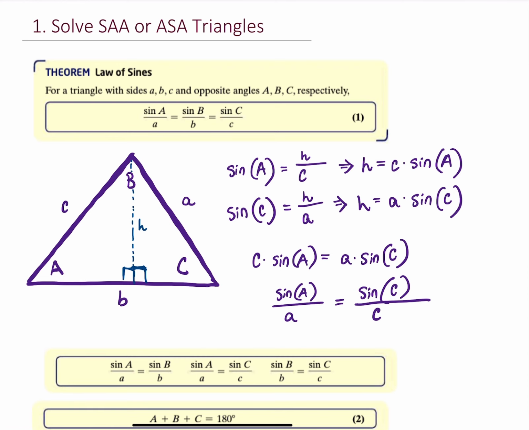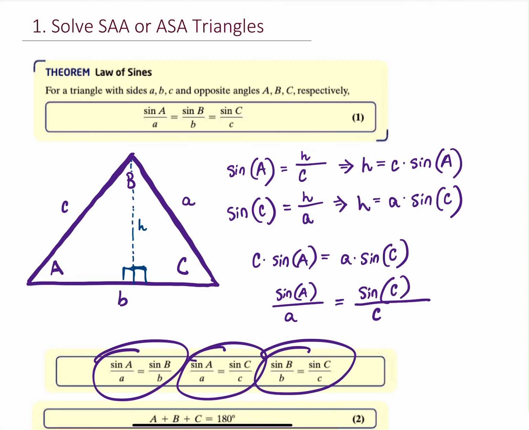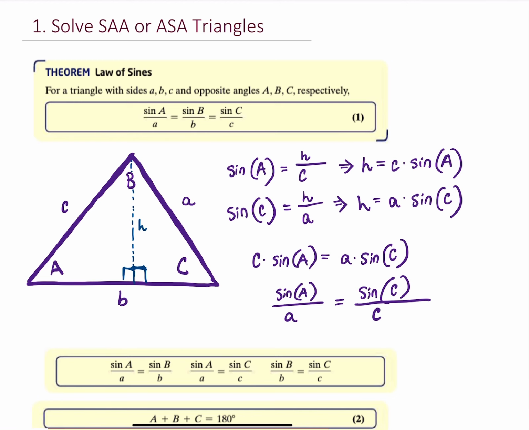So we could go through that same process. So we get this useful property where we're able to solve side lengths and angles of triangles that aren't necessarily right triangles. So in the second box, they give all different combinations between A and B, between A and C, between B and C. So it's true between all angles of the triangle.